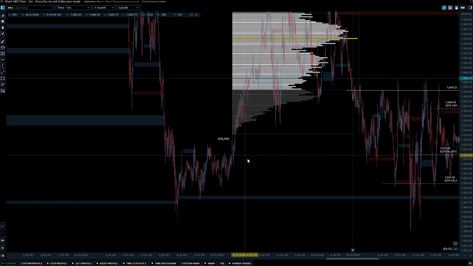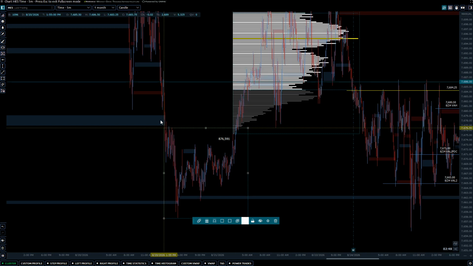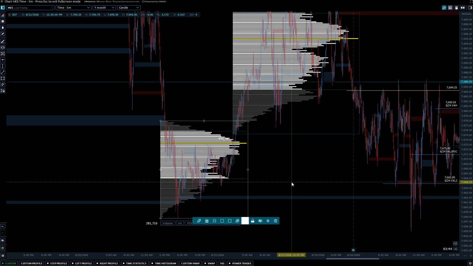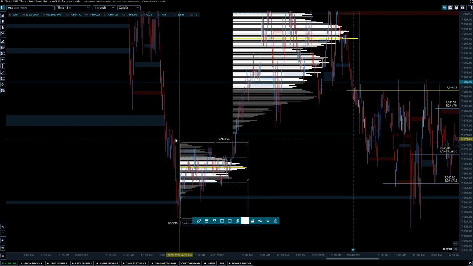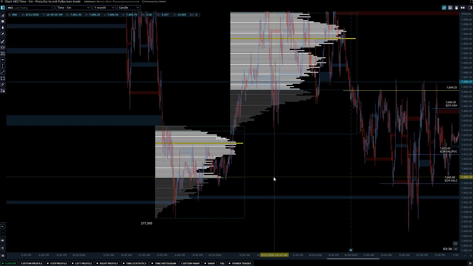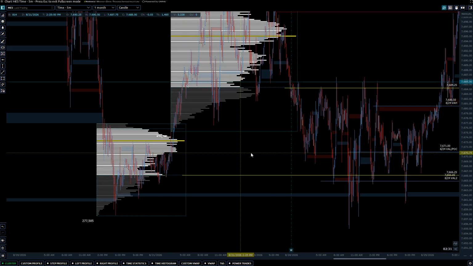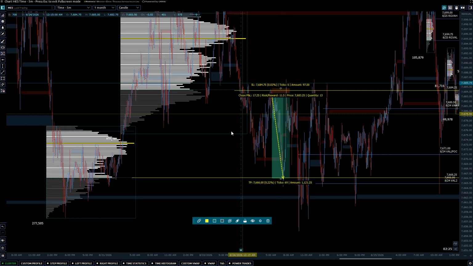Okay, for many short opportunities, you could have also taken this range right here, which is this level that I have right here, just a little lower because I only marked out like this. But you could have taken this whole thing. And there's your target for shorts. If you were to take this out, you could target this right here. Then there you get your trade. Stop loss off the high.